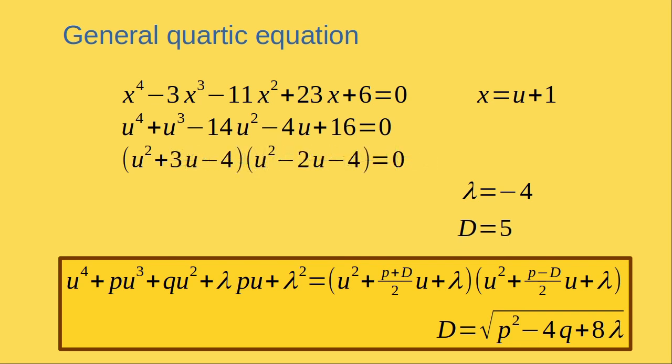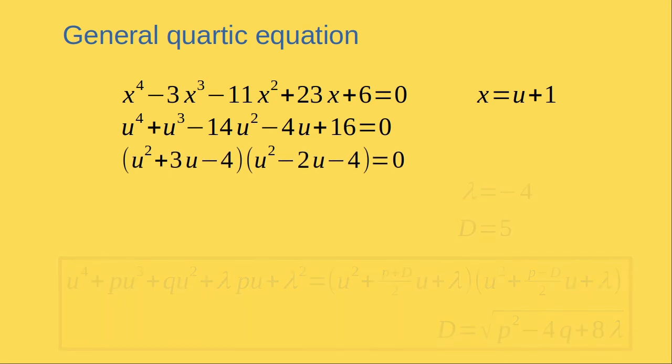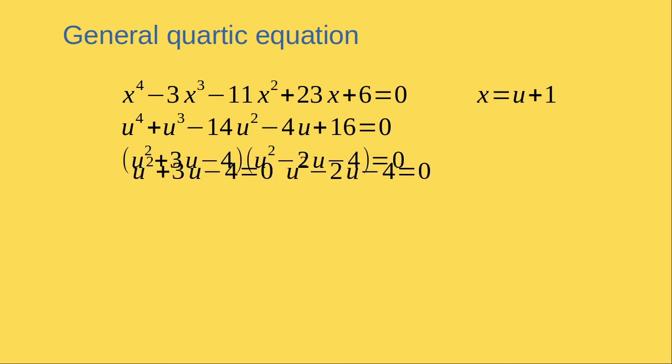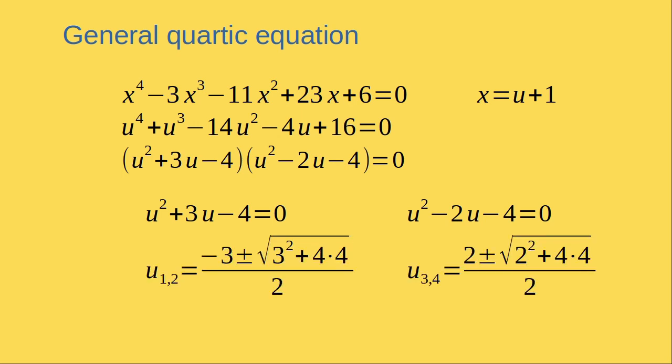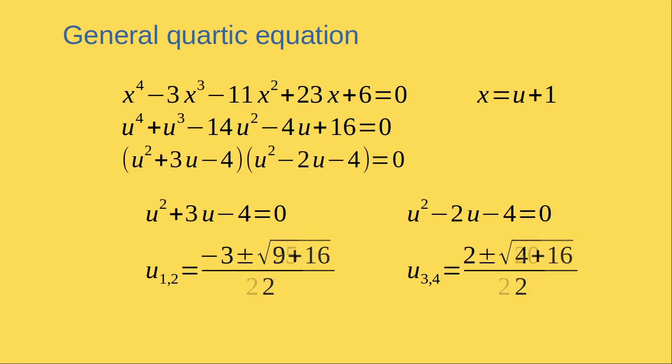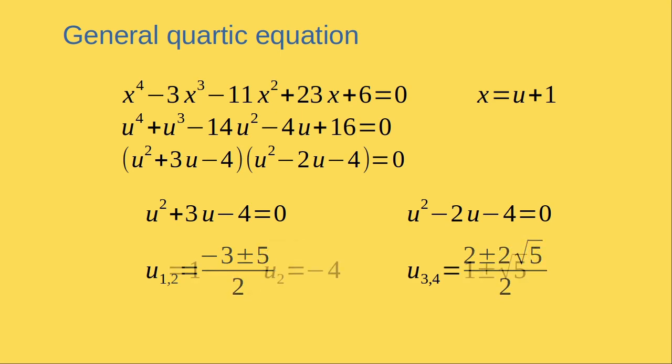Because in order for the left-hand side to be 0, one of the factors has to be 0, we get the quadratic equations, u squared plus 3u minus 4 equals 0, and u squared minus 2u minus 4 equals 0. Upon solving them using our method of choice, we get the solutions 1, minus 4 and 1 plus minus square root of 5 for u.